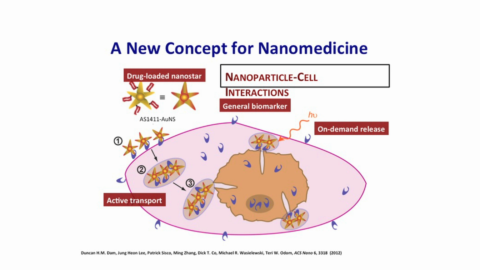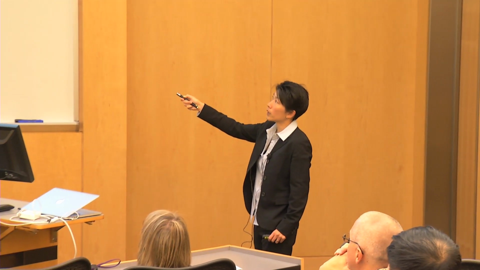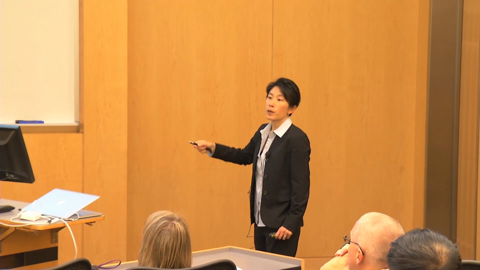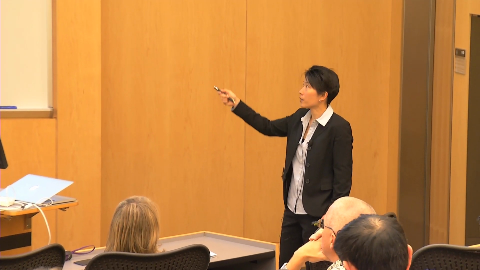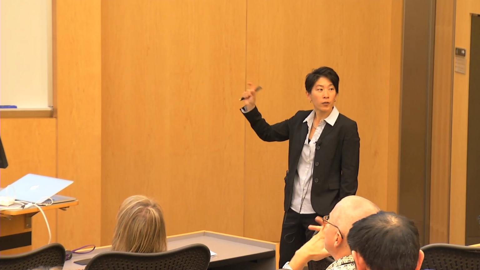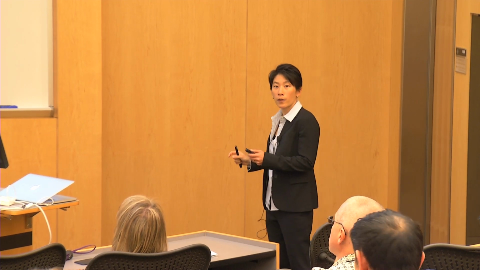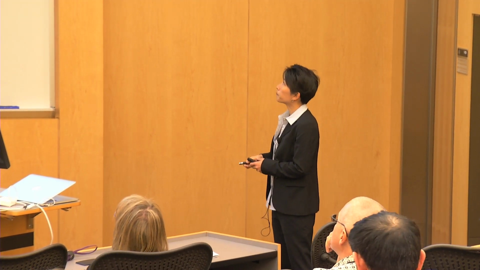And then finally, we'd like to be able to release the drug molecules on demand. So the reason that this is important is because, for example, say the cells are internalized here. I don't want to release the molecules at this point because the action of the molecule is not effective until it's at the nucleus. Okay, so there's a reason why you might want to have on-demand drug release.